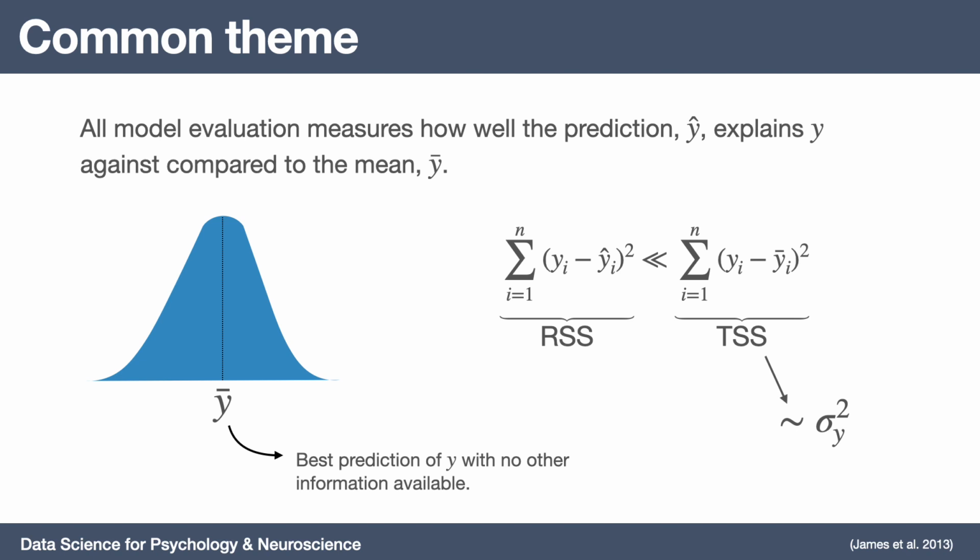That is the fundamental comparison of all model evaluation techniques that we're going to look at. How well does your model and your best fit separate itself from just the mean of y itself. If you can't do better than the mean of y, your model is no good. We'll keep coming back to this throughout the class.